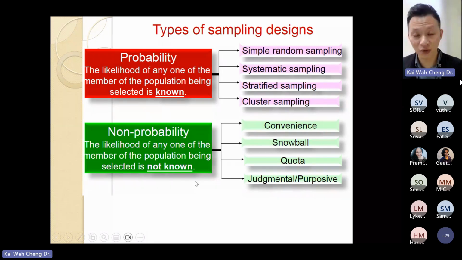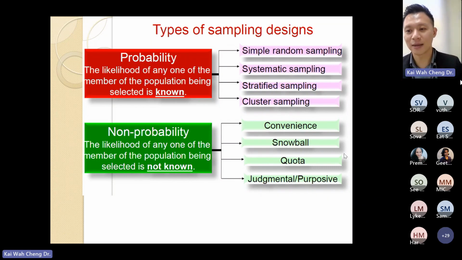If you are conducting research with an unknown population size, then we will go for non-probability sampling techniques. So you could consider these 4 examples to select the participants to fill out your survey forms. Yeah, I hope I answered your question.